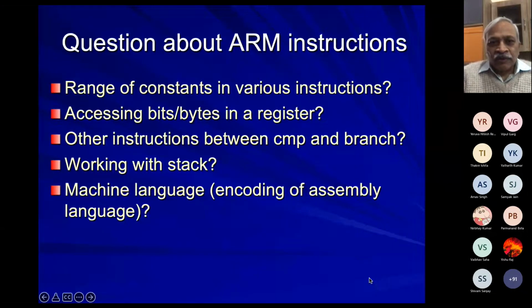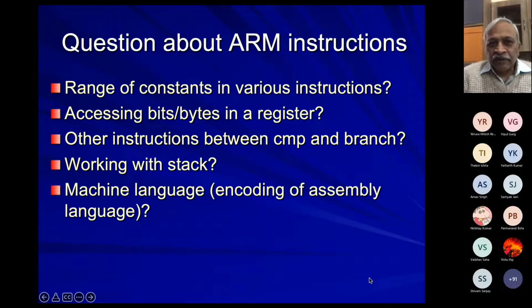So there are a couple of questions we'll try to answer in this lecture. One is that there are some instructions which specify a constant, and these constants have a limitation on their size. There is a range in which the constants can vary. So there were questions about this actually, that how can an instruction specify a 32-bit number?